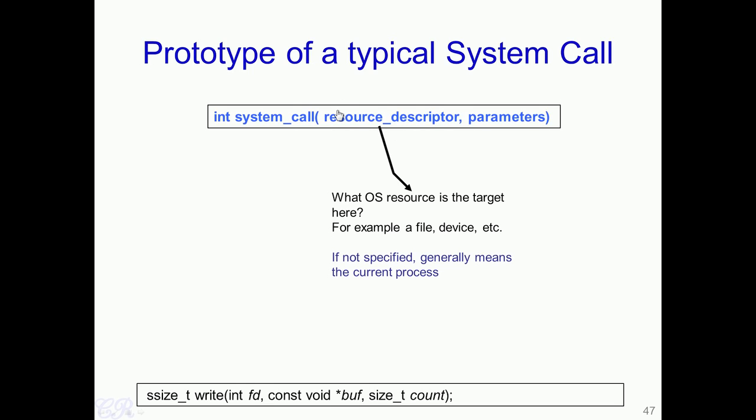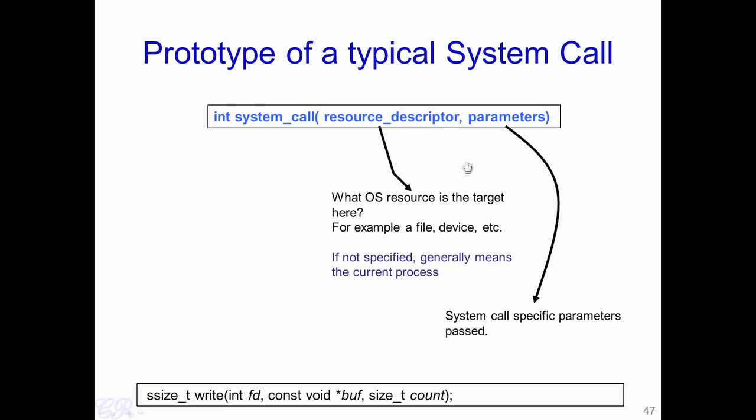In such a case, the system call is meant for that resource itself. For example, if we use the sleep system call, we only specify the time and no specific descriptor such as a file, a device and so on. This means that the current process wants to sleep for that given interval of time.